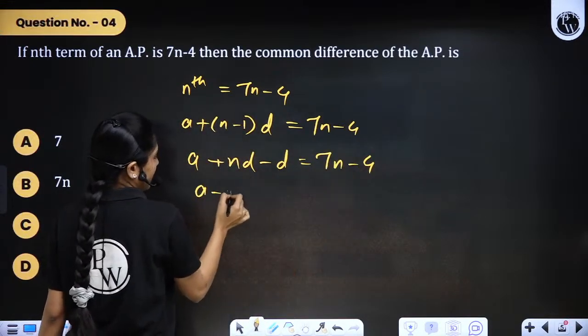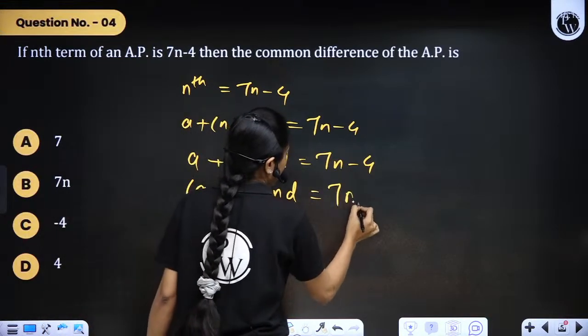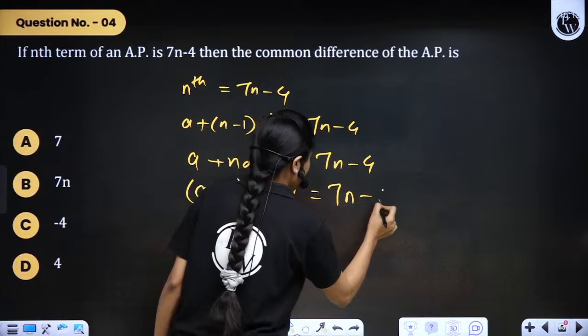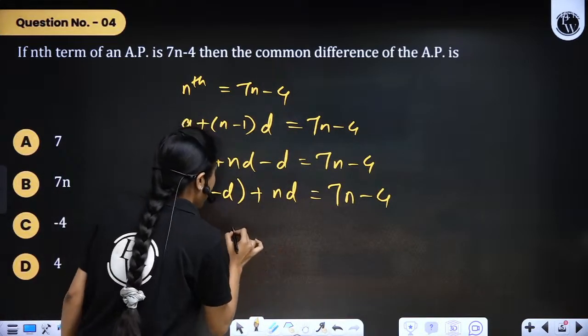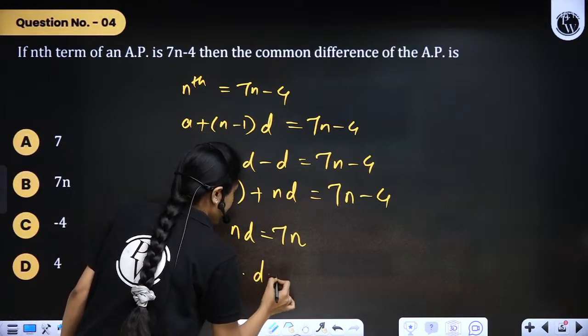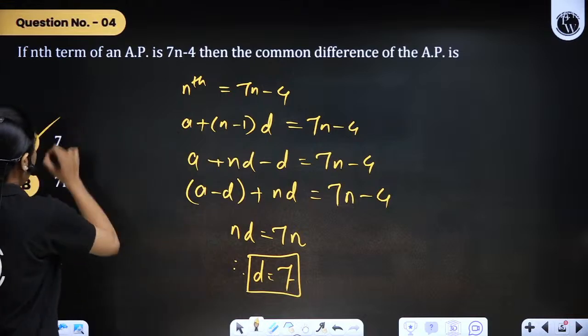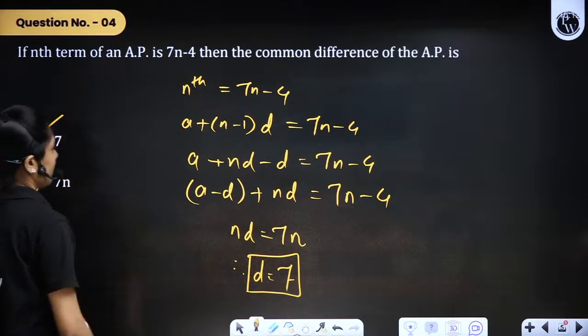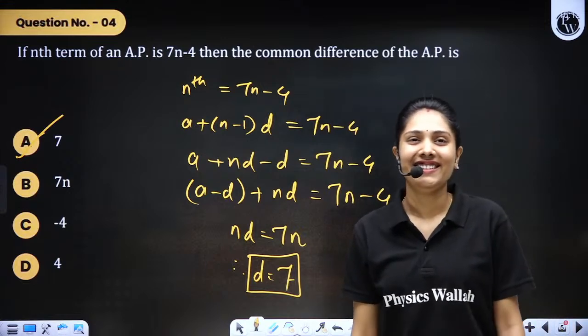So a minus d is the one term plus nd is the other term. So if we compare both sides, what we will get here? nd is equal to 7n and therefore d is 7. Okay, difference is 7. Option number A is the correct answer. Okay, beta? Is that clear to everyone? Okay.